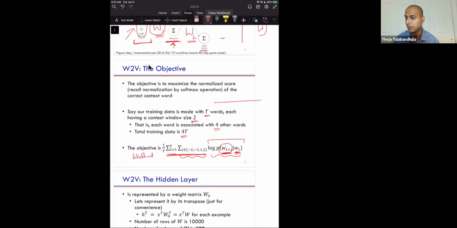For the word ant, let's say able is a nearby word in a specific example. If you predicted a low score for able, then the probability of able given ant will be small, and the log of that will be a highly negative number. Whereas if able was correct, then the probability of able given ant will be high, and the log of p will be negative, but not too negative.